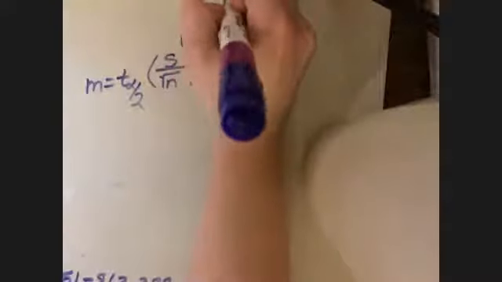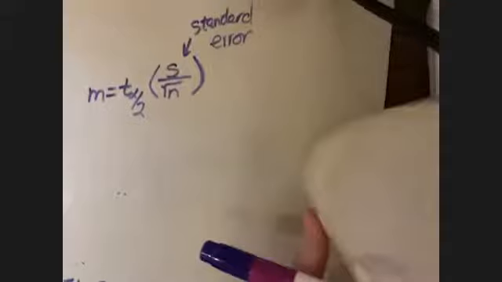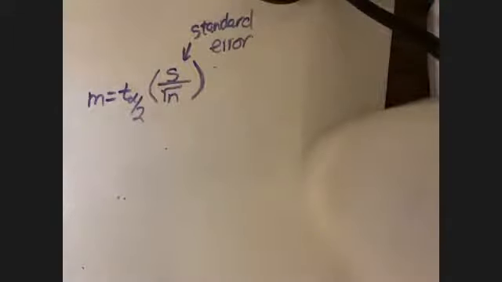Before we had Z and sigma, and now we've got T and S. That is your standard error. So if they ask you to find your standard error, that is the standard error, but this is your overall margin of error.